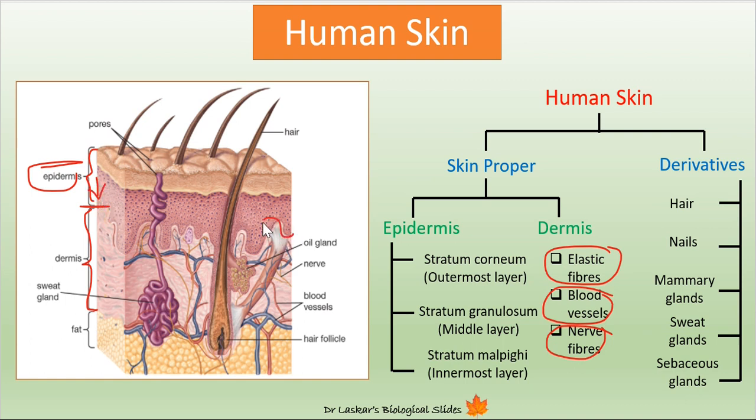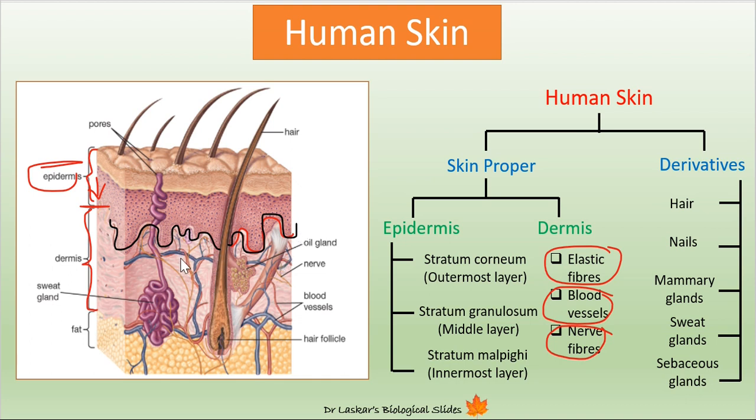So here in this part you can see the transitional zone of the dermis and the epidermal layer. The outer part of the dermis that lies next to the epidermal part is raised into numerous small processes, and these are called papillae. They mainly contain blood capillaries as well as nerve endings.